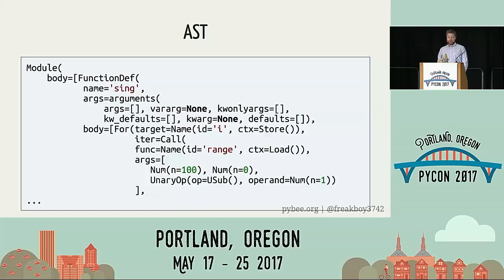And as the name abstract syntax tree suggests, it's a tree. The module is a single child, the root node, the body. The body is a series of statements. In our case, a single statement, a function definition. That function definition has some attributes: the name of the function, the arguments to the function, and it also has a body, the statements of that function, and so on.